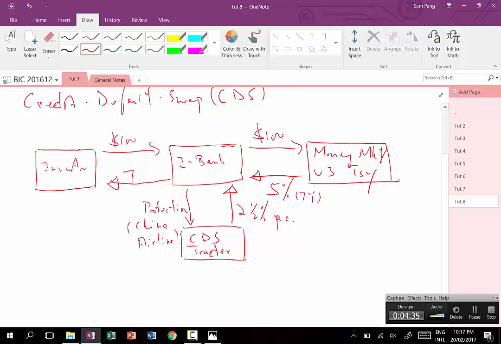Now, of course, they're not going to pay 7.5%. Who are you kidding? They're going to make some money. So they might pay 7.25%, or maybe just 7%, let's say. So they're going to make some fees. So that's how they make their earnings.